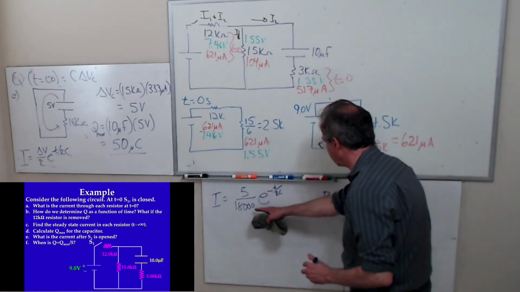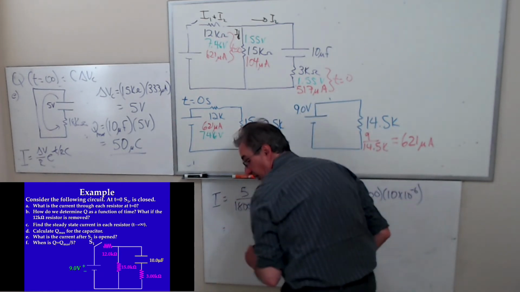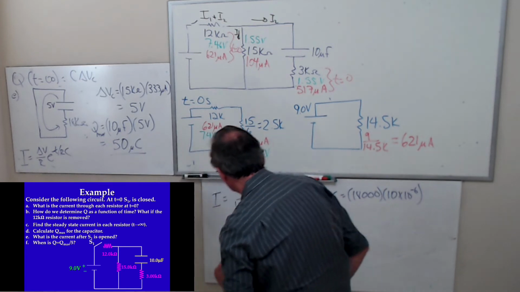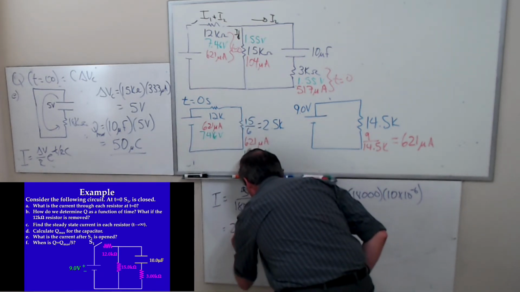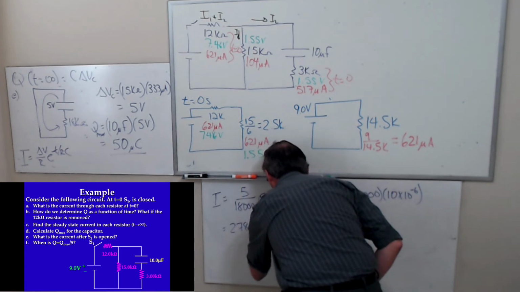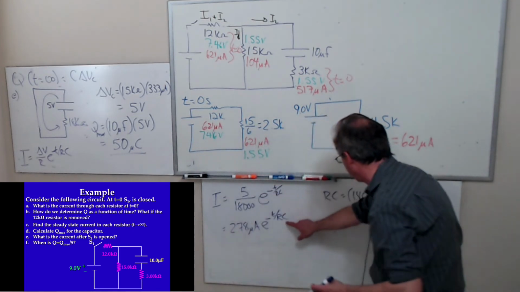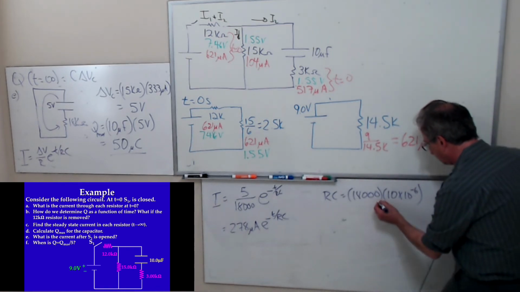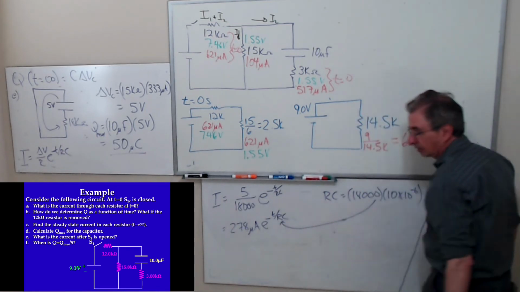And then this is 0.278. I'm sorry, 278 microamps. I don't want to write this whole number out, so this goes over there.